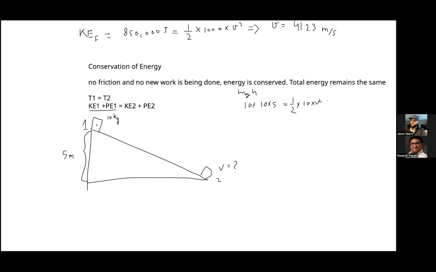So we can cross them out. And we are left with 10 squared is equal to v squared. So that was a very simple calculation. The answer is v is equal to 10. V is equal to 10 meters per second is the answer.